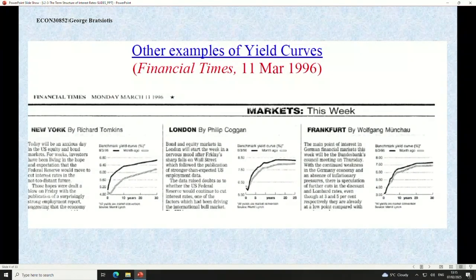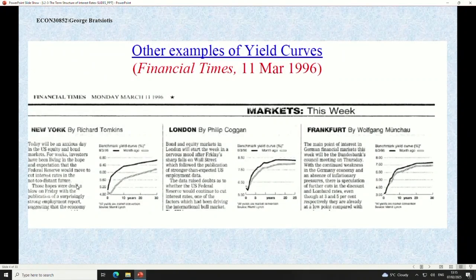The Federal Reserve would move to cut interest rates. So they thought that because recession was still on, that the US would move in and cut interest rates. If that's what we expect, then you're looking at this here.